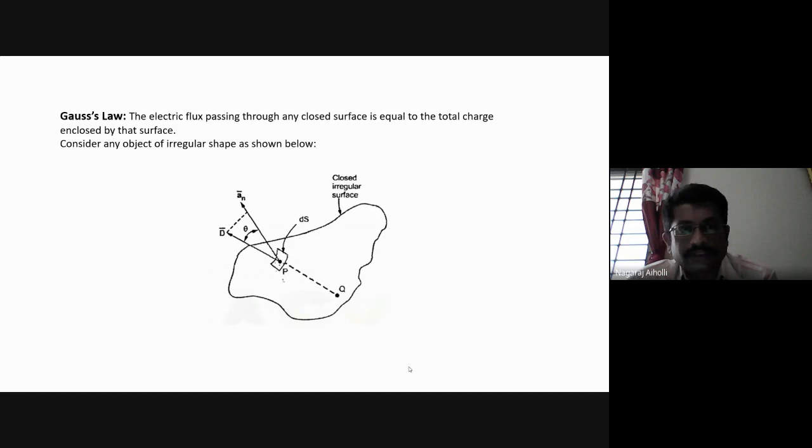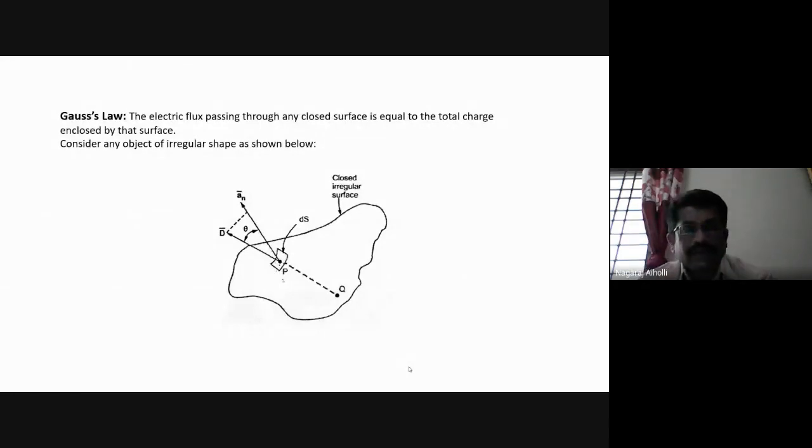The statement of Gauss law goes like this: the electric flux passing through any closed surface is equal to the total charge enclosed by that surface.